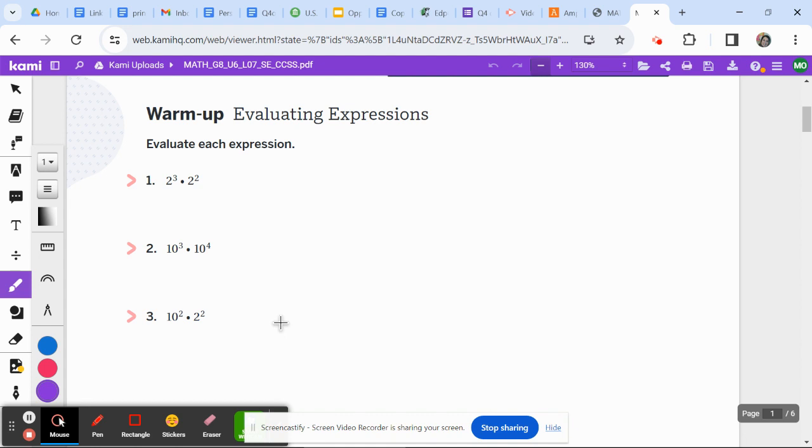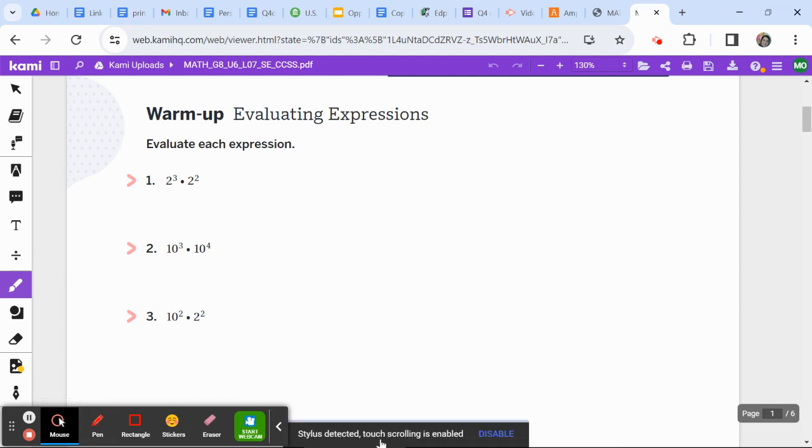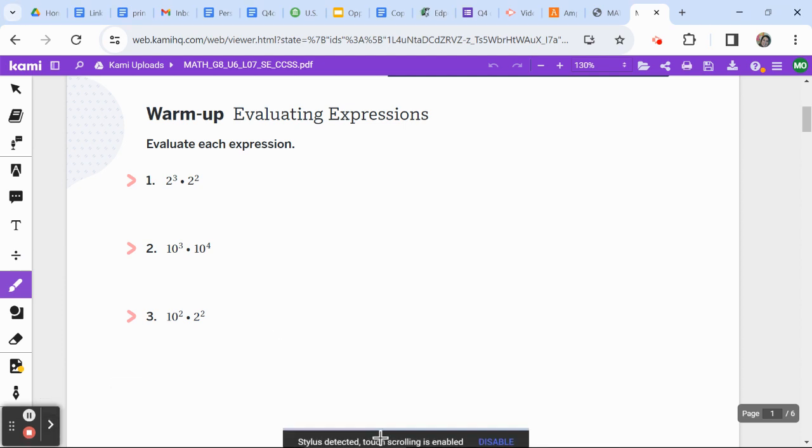So part of our rules would tell us, try to move some of the stuff out of the way. Here we go. We know this is really 2 to the 5th power. So then you would want to evaluate that. So your 2 times 2 times 2 times 2.